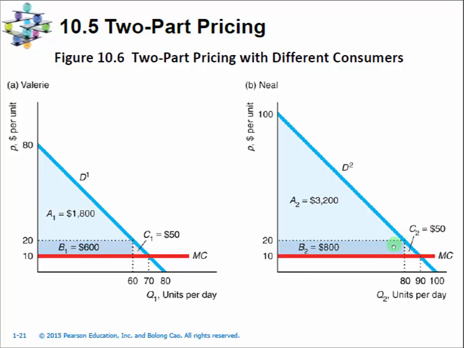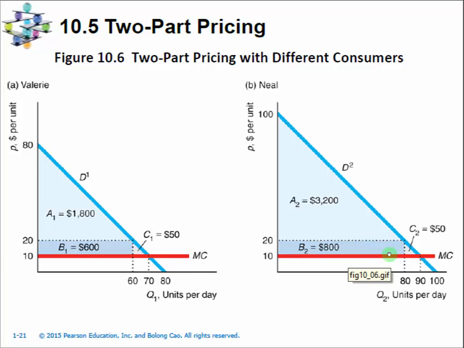That is mainly because Neil has this very high demand curve. With a little bit higher per unit price, Neil still will purchase a rather large quantity. And that means we bring in additional producer surplus from the extra quantity Neil is buying.